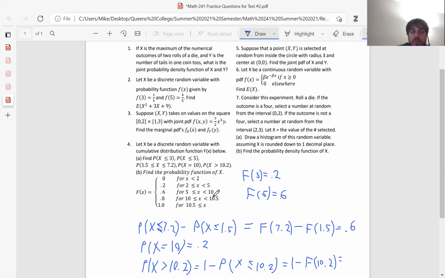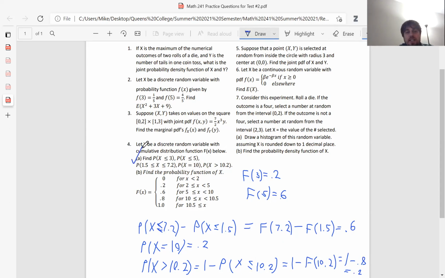Capital F of 10.2 is 0.8, so this is 1 minus 0.8, which equals 0.2. That makes sense? Okay.